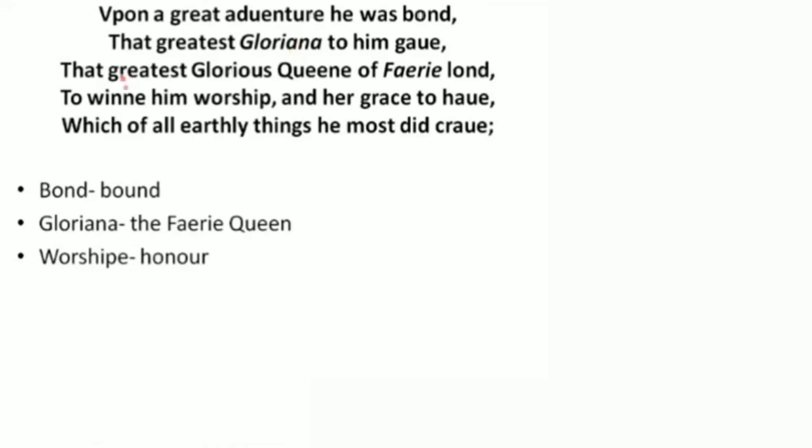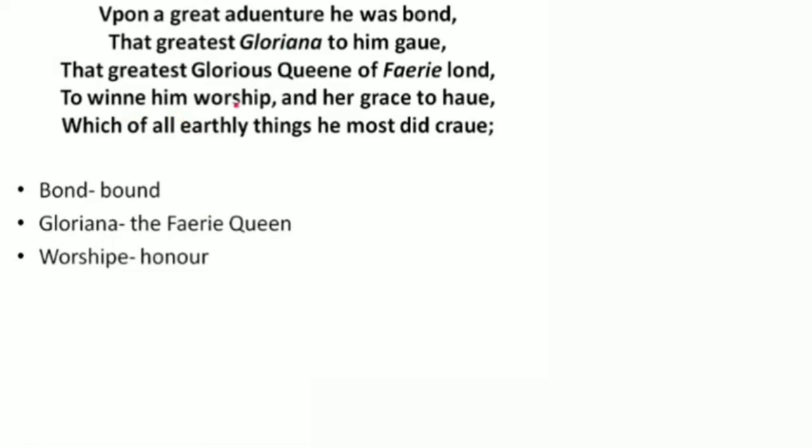That greatest glorious queen of fairy land, to win him worship and her grace to have, which of all earthly things he most did crave. So this was a task, this was the adventure assigned to him by Queen Gloriana, who was the queen of the fairy land, and she wanted to win worship.